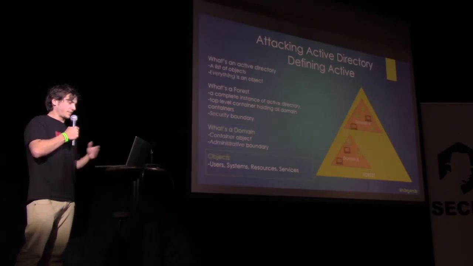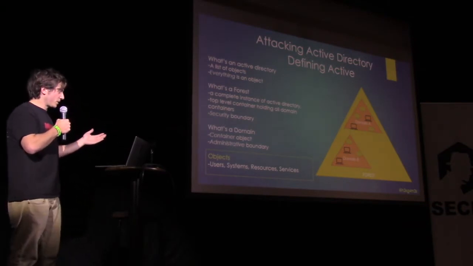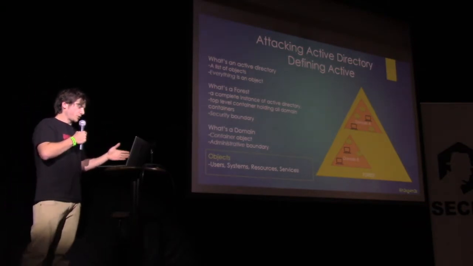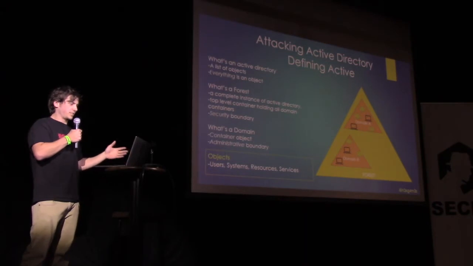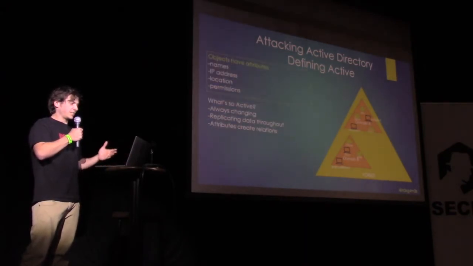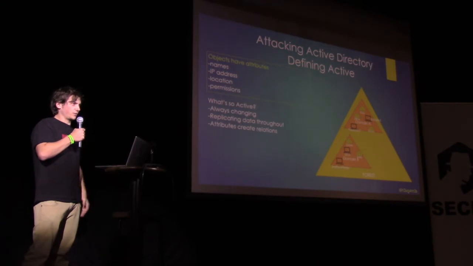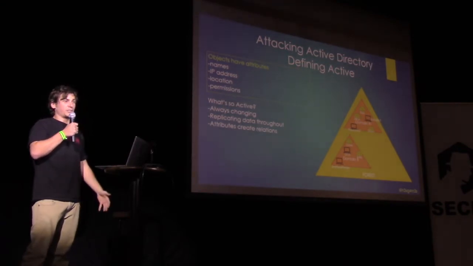Everything's an object. So there's users. I've got this great little graphic with my triangle of users, their systems, resources, services. Everything's an object, and everything that is an object has attributes. Attributes are things like names, IP addresses, locations, permissions.